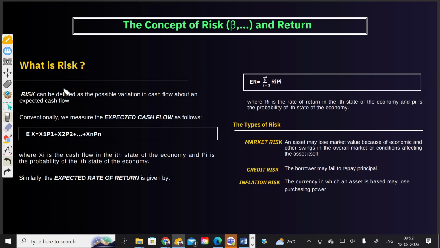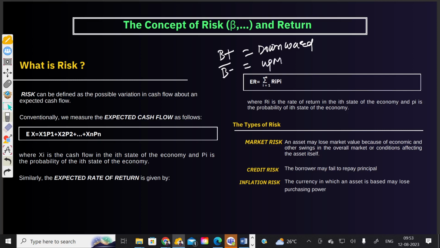Beta provides you the volatility of that particular investment. At this point in time, just keep one thing in mind. If the beta is positive, it means it's a downward risk, price downward. And if the beta is negative, it means it's an upward movement.